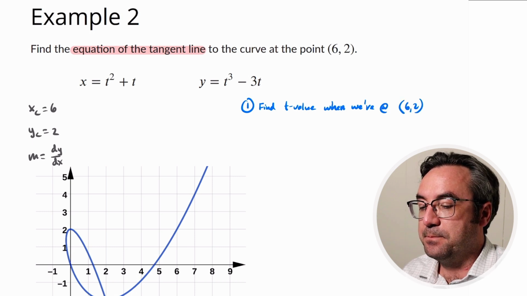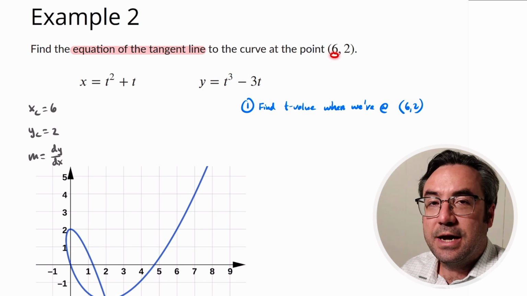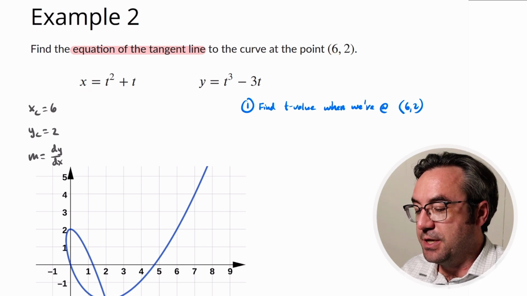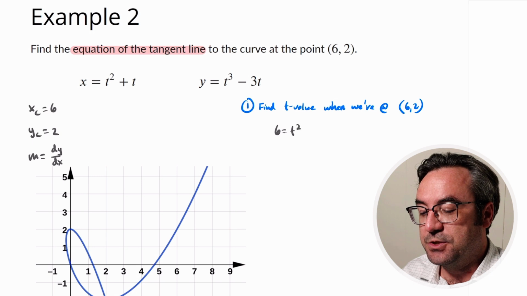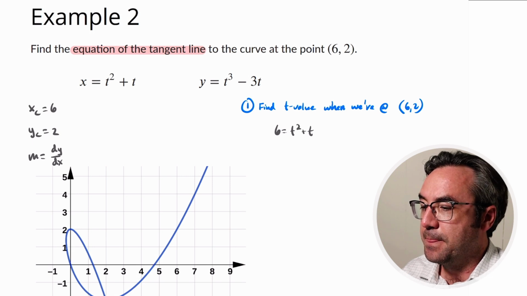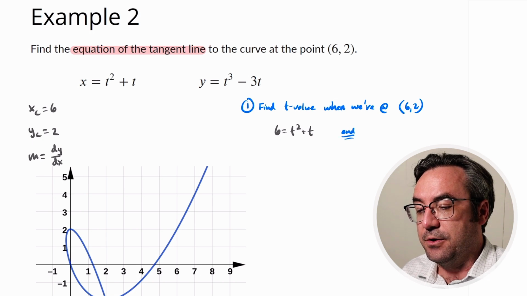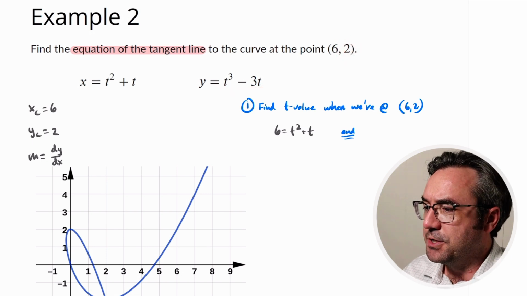So how do we do that? Well, we know two things. We know our x-coordinate is 6, so we could set our x equation equal to 6, so 6 is equal to t squared plus t. And we know another thing. We know our y value must be 2, so we could set our y equation equal to 2.